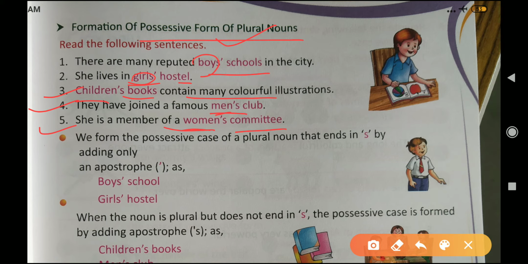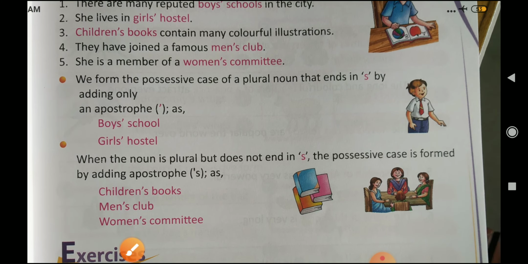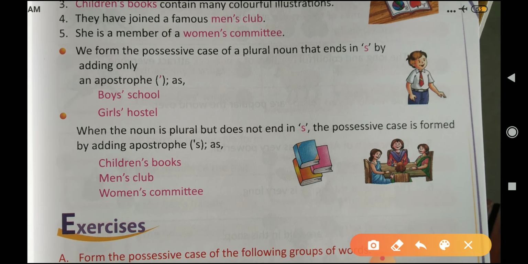In case of plural nouns, we form the possessive case of a plural noun that ends in s by adding only an apostrophe, as we have discussed earlier. For example, boys' school, girls' hostel.